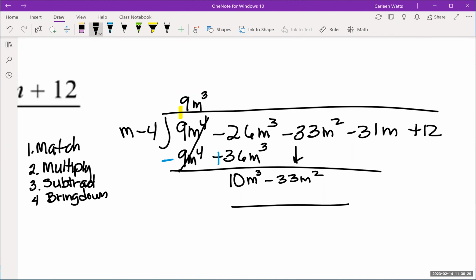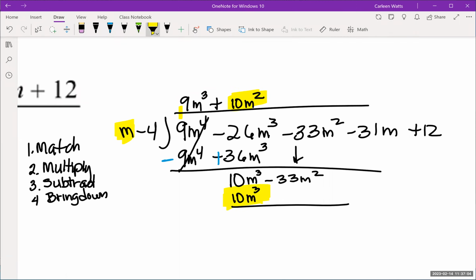Okay, back to the top. Make it match. Looking for this number. M times 9m squared will equal, oh my gosh, 10m squared will equal 10m cubed, right? 10m squared times m will be 10m cubed.